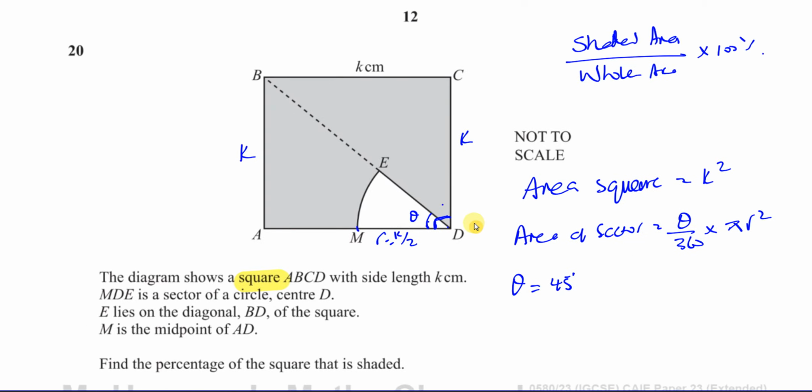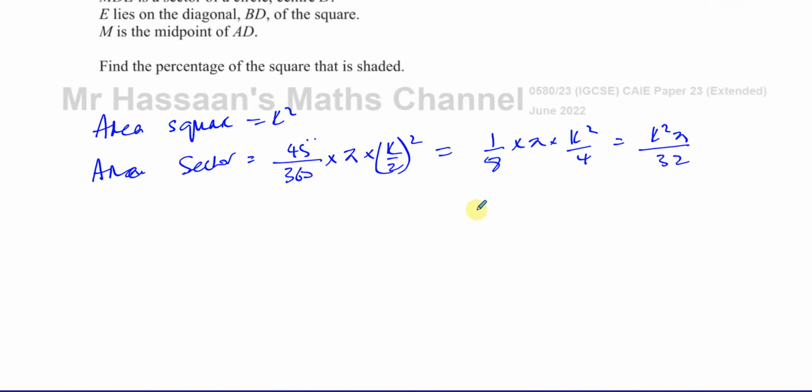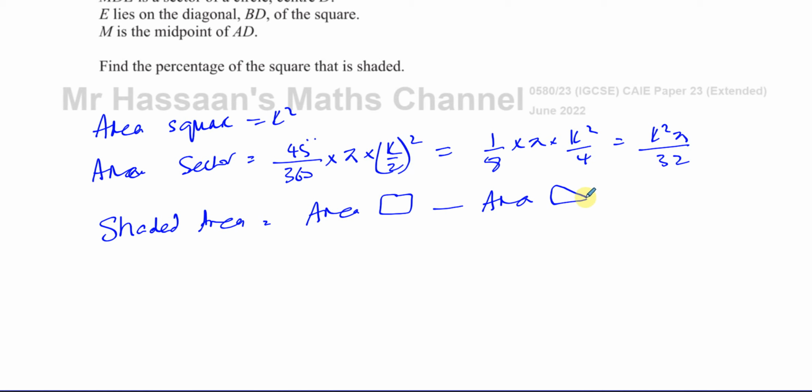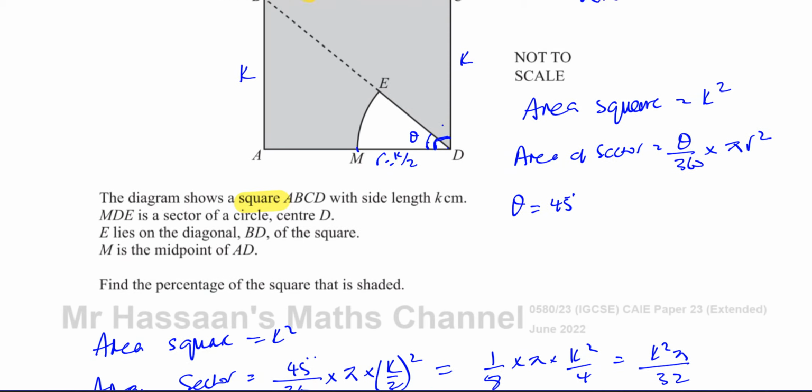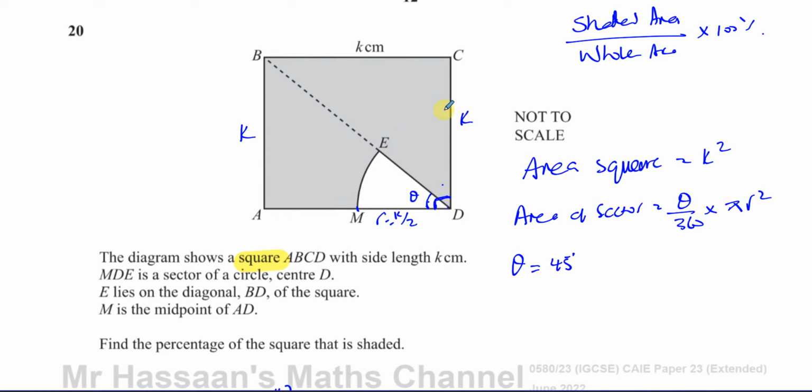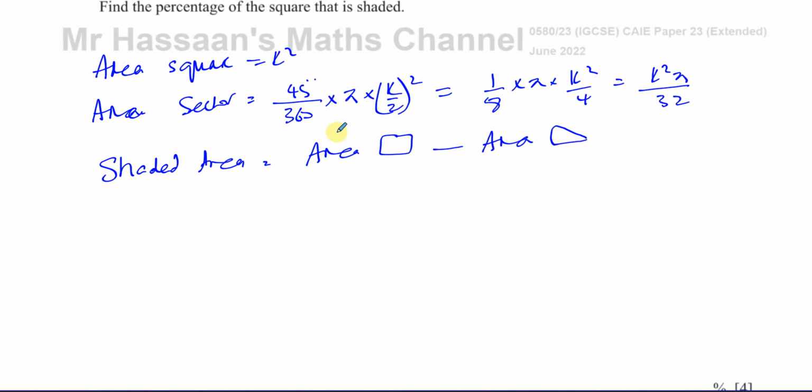So we can say that the shaded area is going to be the area of the square minus the area of the sector. That's the shaded area, right? The area of the square minus the area of the sector leaves us with the area of the shaded part.